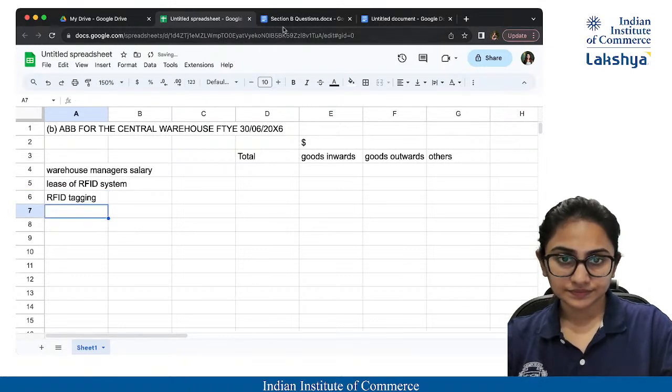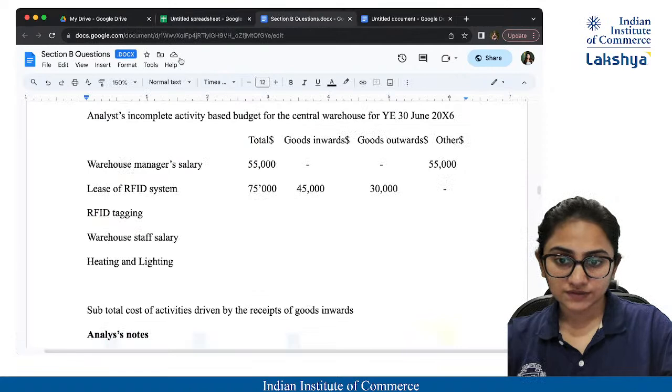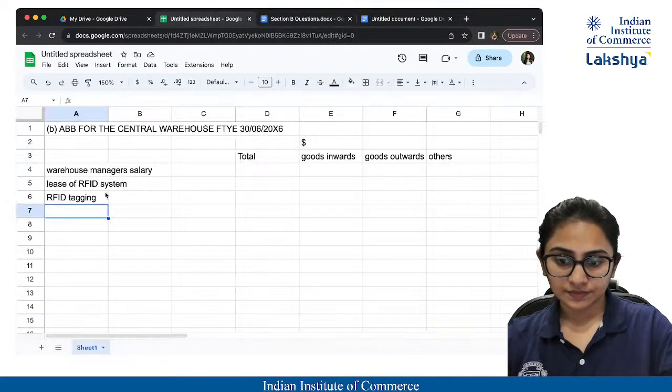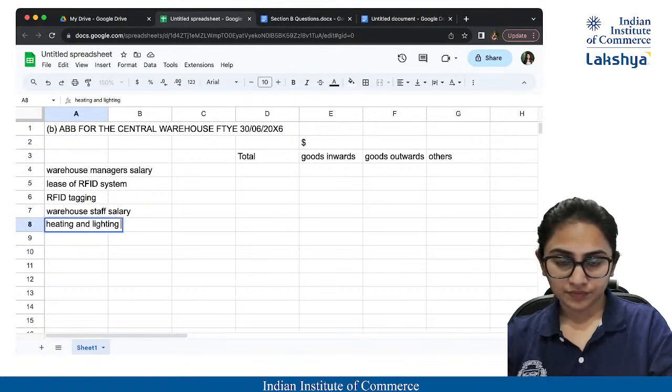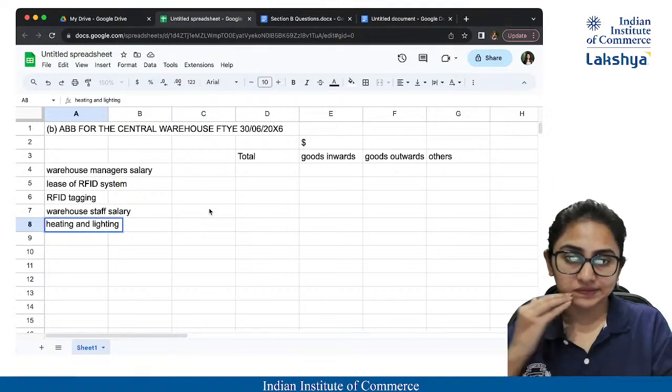Then warehouse staff salary, heating and lighting.